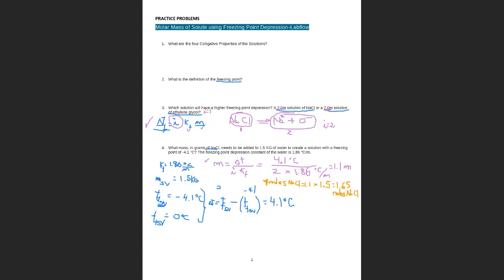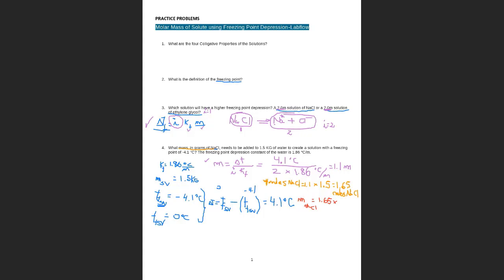But they are asking for the mass. But we have the moles. We are very close. So what do we need to do? We need to get the molar mass of sodium chloride. Exactly. So the mass that they are asking is going to be the number of moles that we calculated, 1.65 moles, times the molar mass.